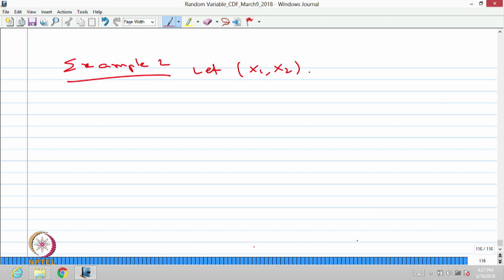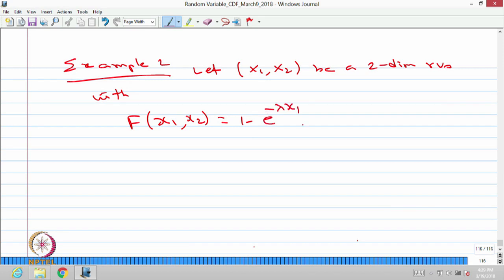Let X1, X2 be a 2-dimensional random variable with the function F(x1, x2) = 1 - e^(-λx1) - e^(-μx2) + e^(-λx1 - μx2).